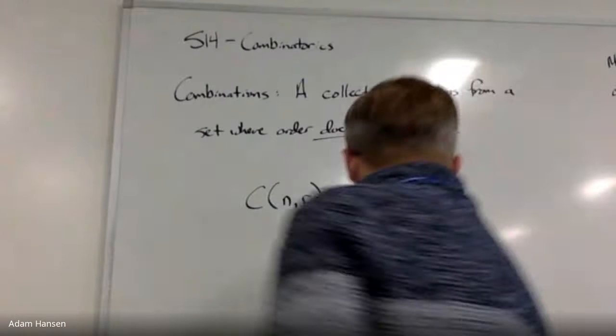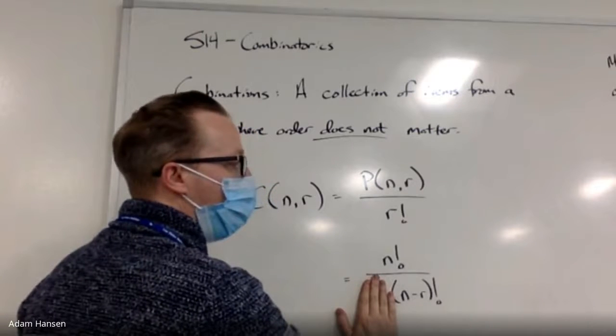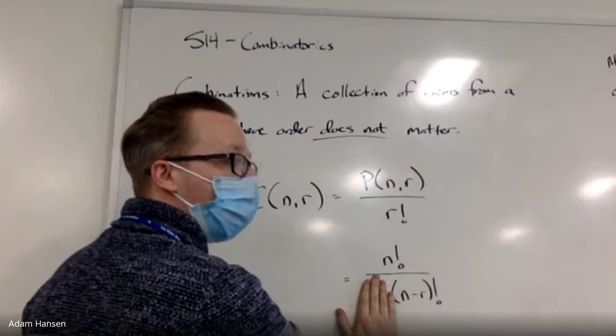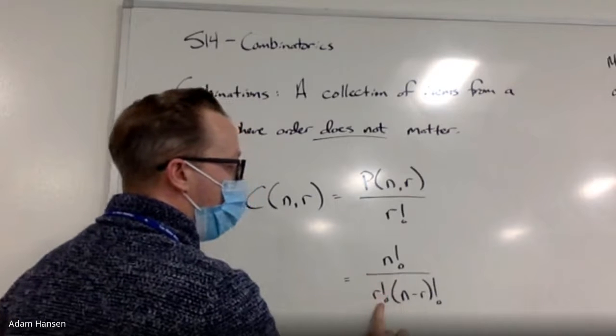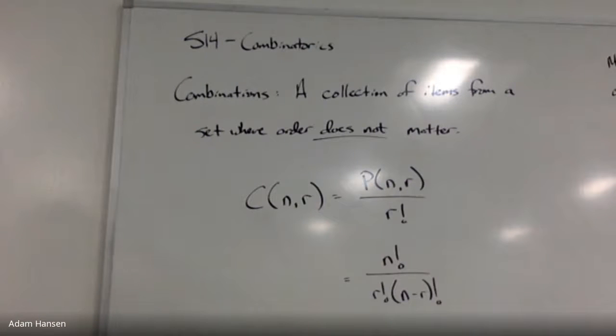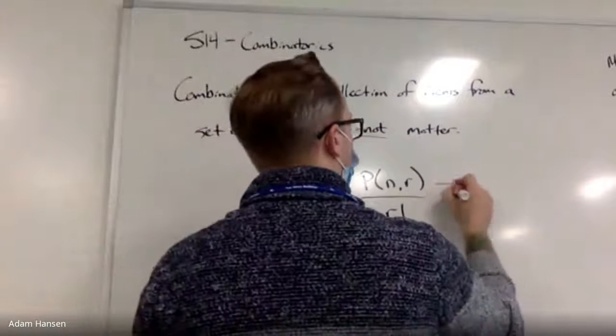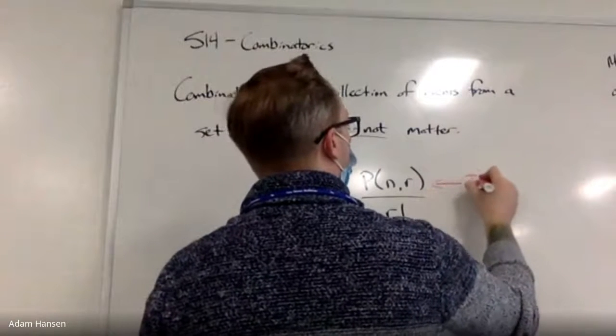So this formula right here, n factorial divided by n minus R factorial, is the formula for permutation from last week. I've just added an extra R factorial to get rid of all the combinations that are identical. The top part tells me the total number of ways.